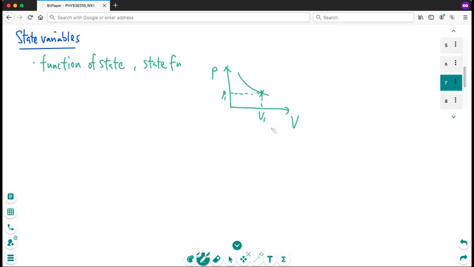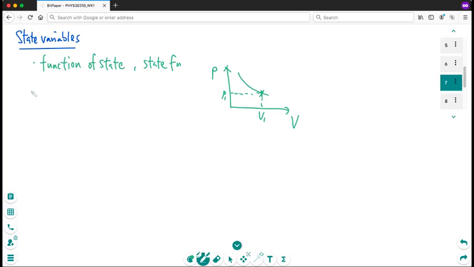So these are functions of state. It doesn't matter how I get to this point. That is the key. If I have a variable which is not a function of state, then it really depends on how I get there. In that case, it depends on the path to get there.